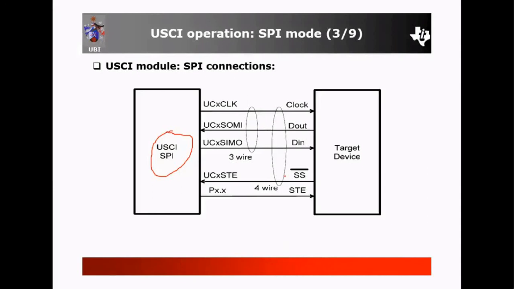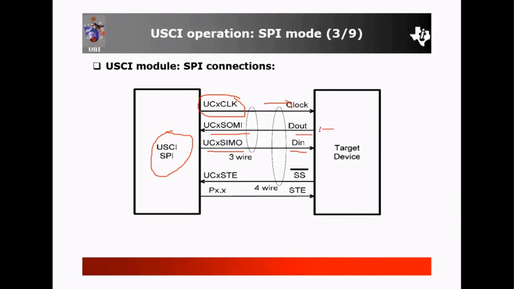Now you can see that here the UCxCLK is connected directly to the clock of the target device. UCxSOMI and UCxSIMO are used for slave out, master in, and master out, slave in purposes. One is data out and the other is data in.